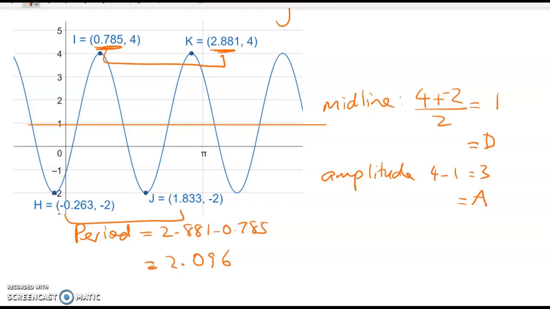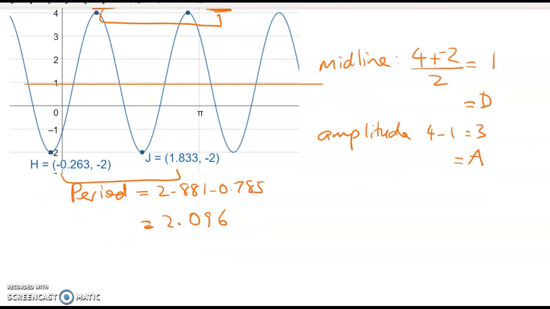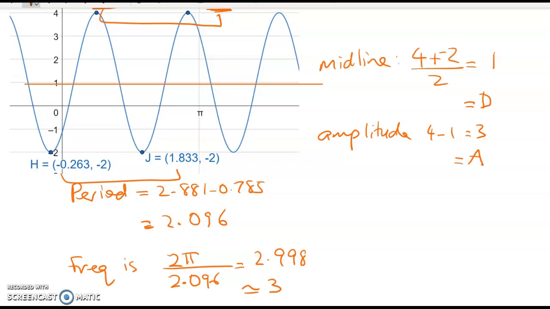So that's the period of the function. So the frequency is 2 pi, the normal period, over the period for this function, which is 2.998, which is roughly 3. So we've got A, we've got D, and that's equal to B.